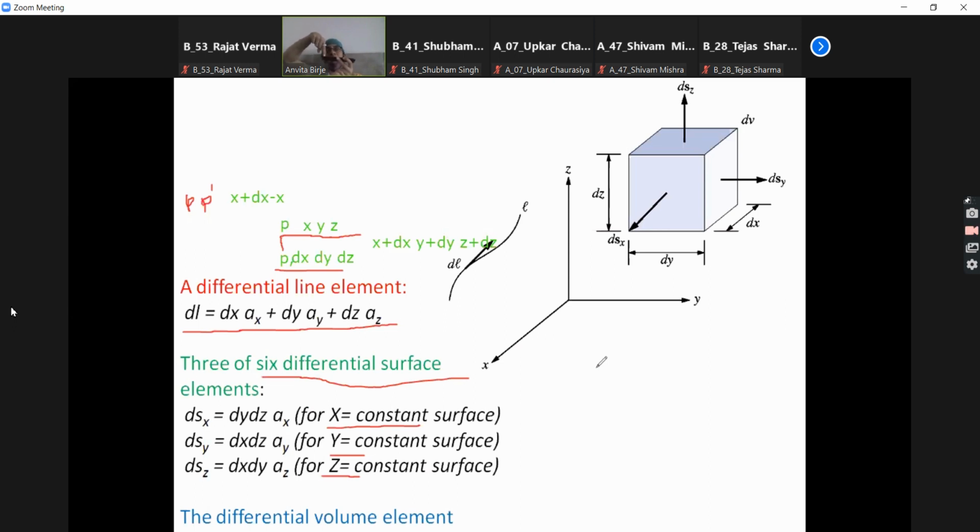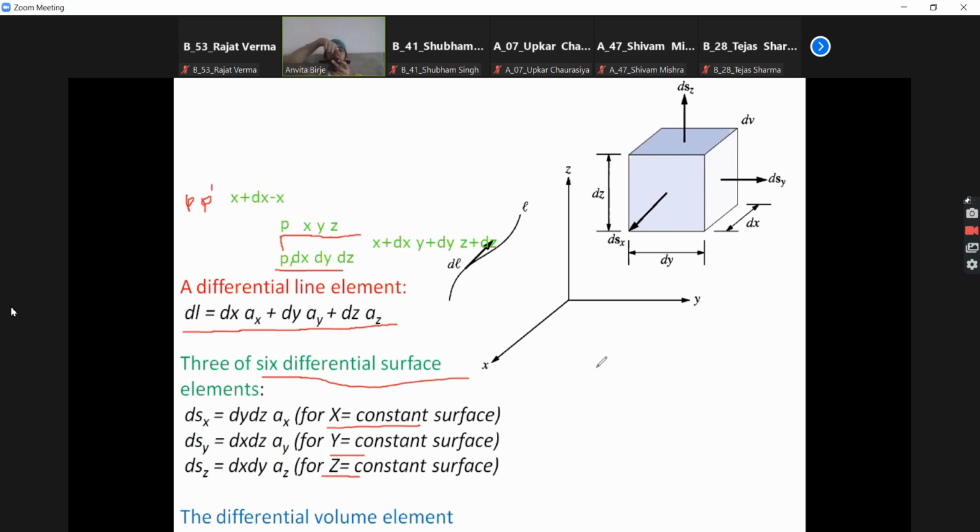Can you see my ring finger? All of you look at the video. This is x. This is y. These are the two edges of the xy plane and the perpendicular edge is going to be the z axis.